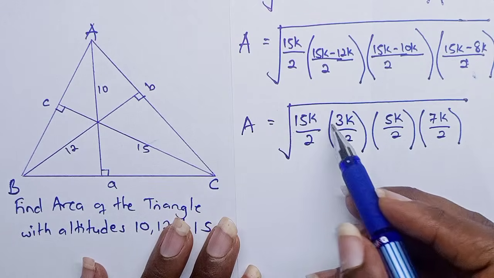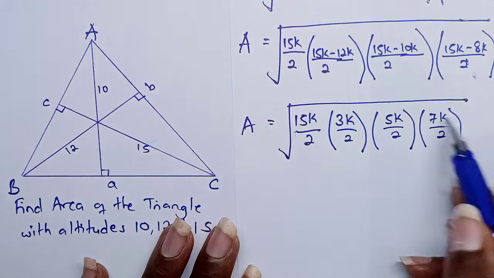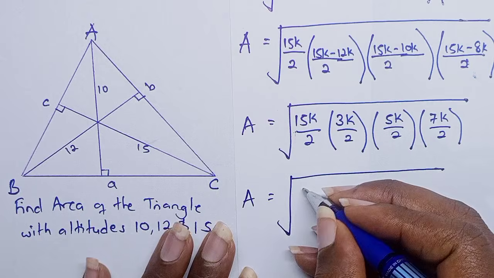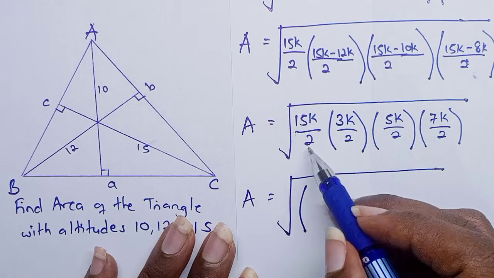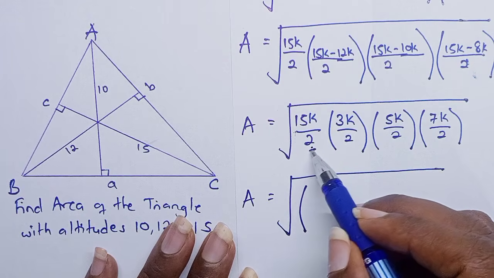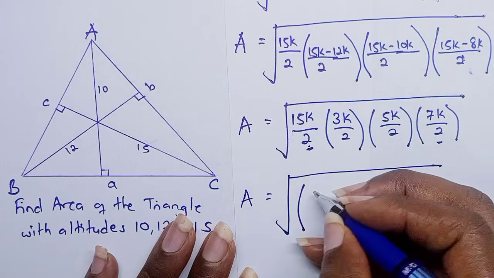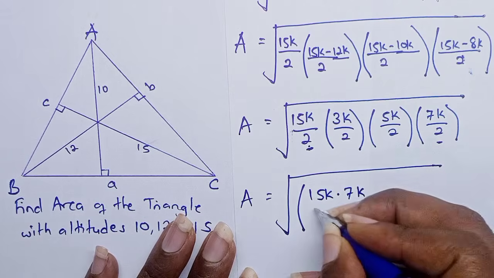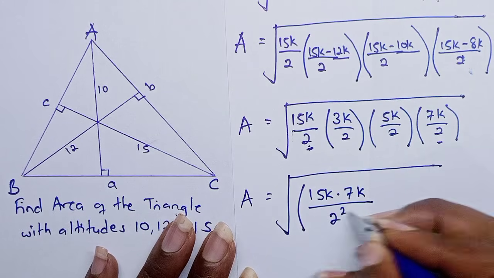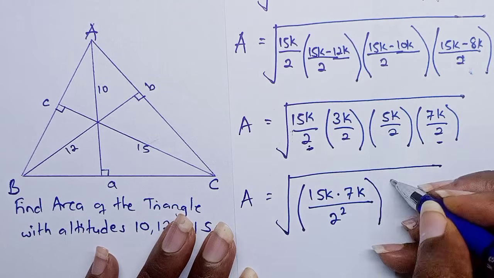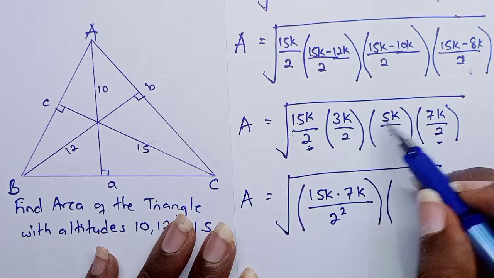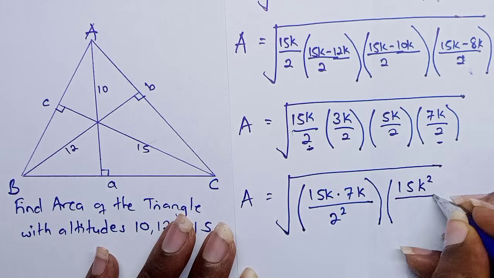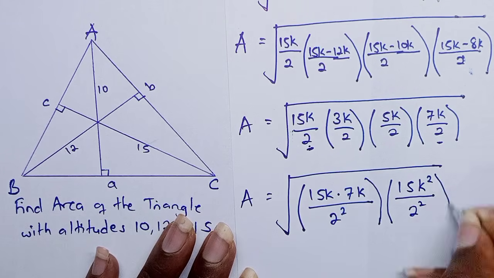So if I'm to combine this and this last one, so area would be root of, so considering this and this, I would have 15K times 7K over 2 times 2, which is 2 squared. Then have 3K times 5K, which is 15K squared over 2 times 2, which is 2 squared.